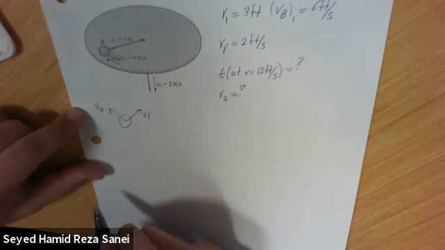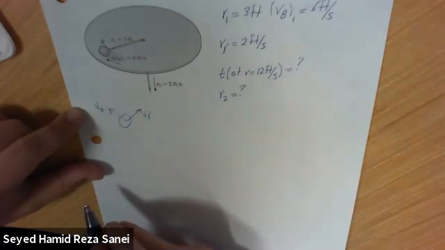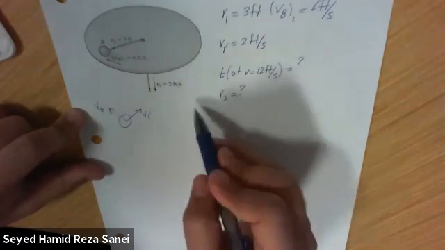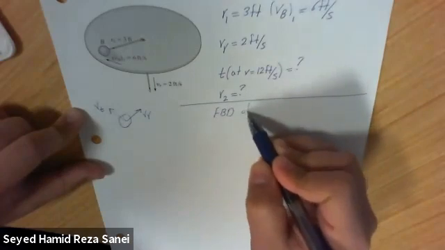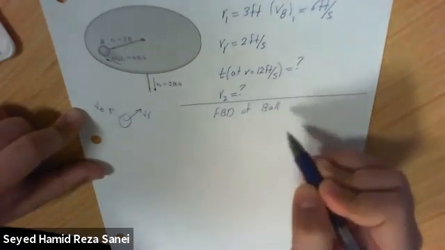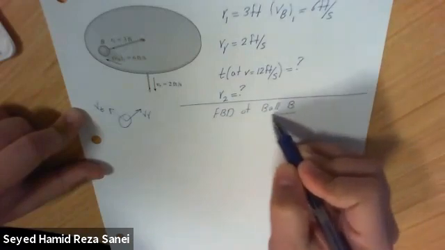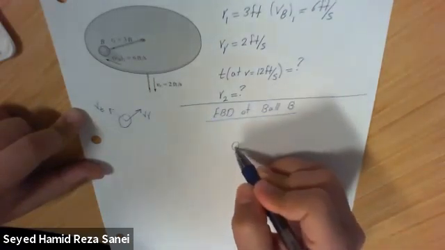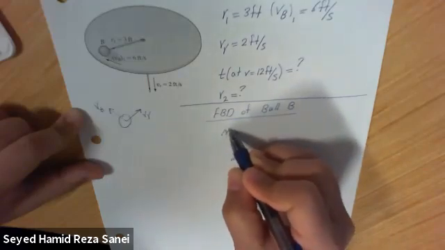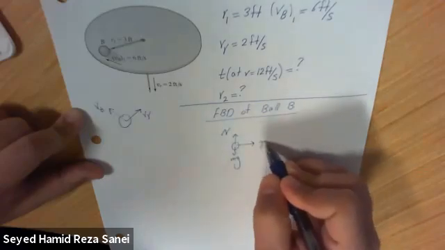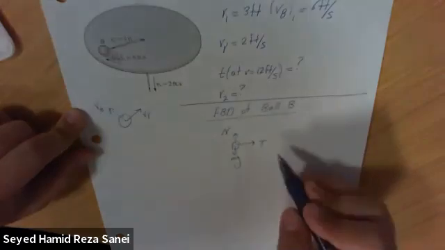Looking at the problem, this is a classical problem for angular momentum. First, to judge whether we can use conservation of angular momentum or not, we have to draw a free body diagram of our ball B. If we have a mass here, the weight is acting downward, then we have the normal force, and then we have the tension of the rope.